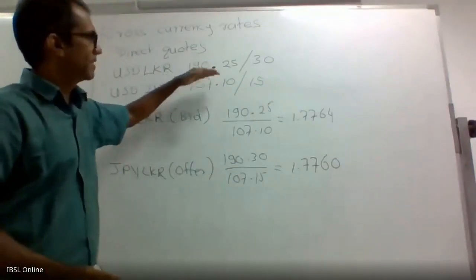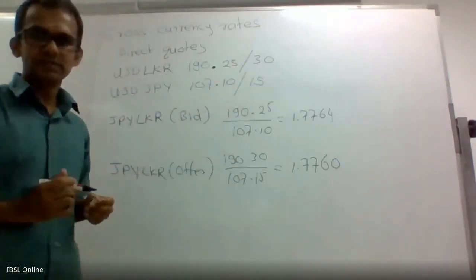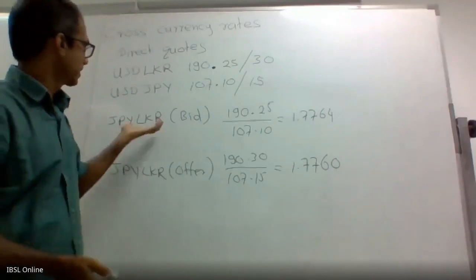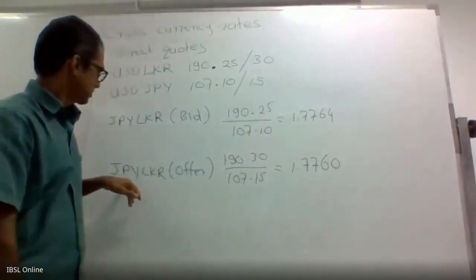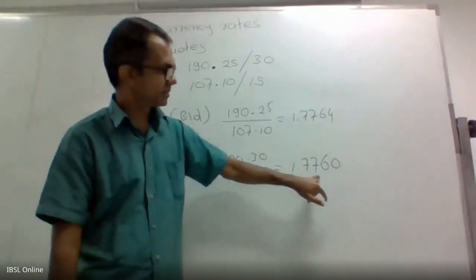If you just divide these two figures, you get the bid rate as 1.7764, offer rate as 1.7760.